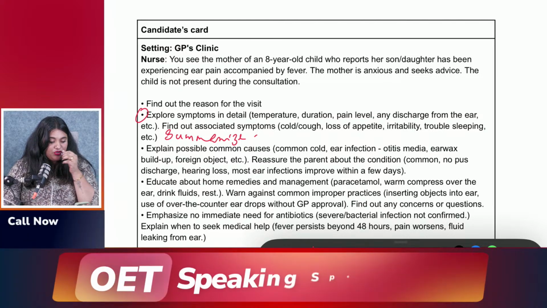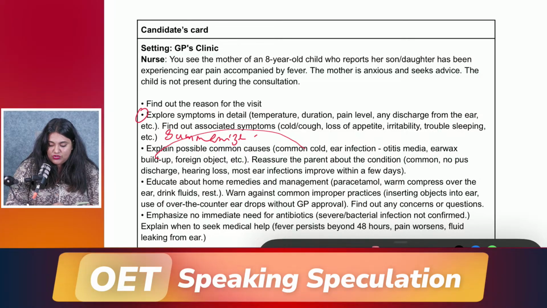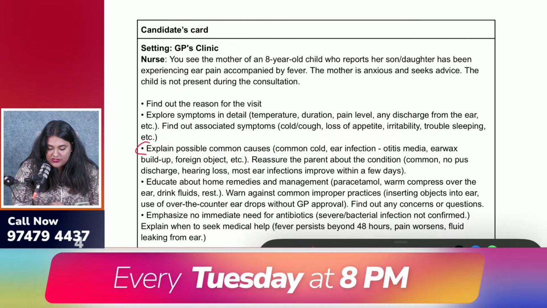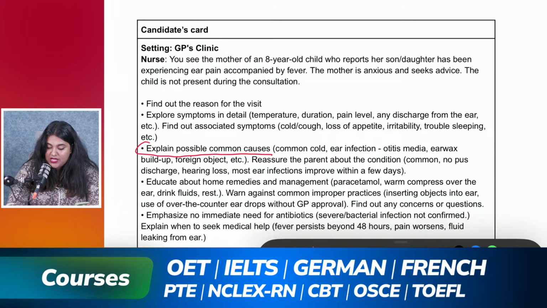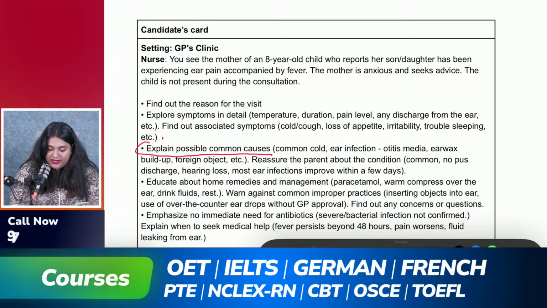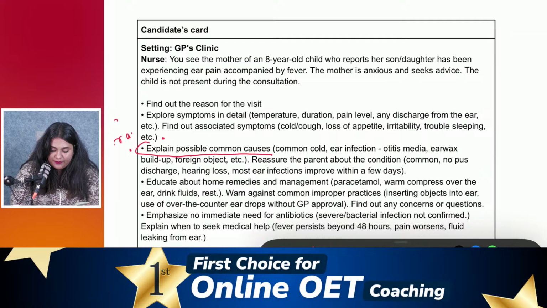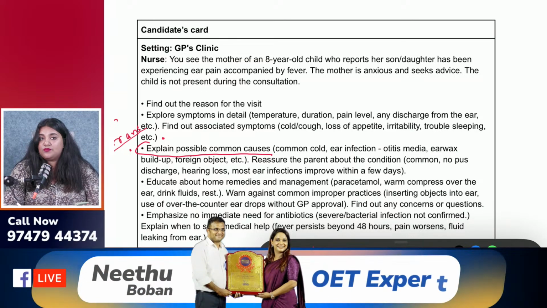Okay, so now you need a transition to the next point, which is explain possible common causes. What we need from the end of here to the beginning of here is a transition. So you can use a connector. Okay, so moving on.